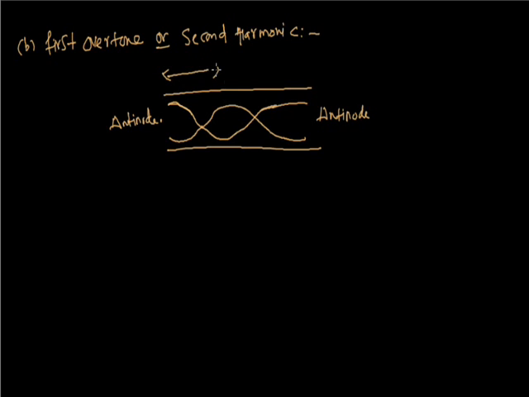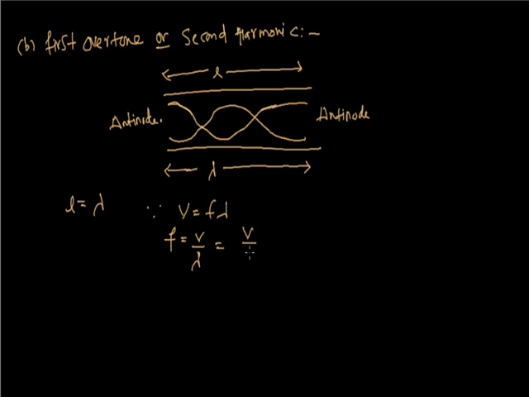If the length of the organ pipe is L, then the wavelength will be such that L is equal to lambda. Again V is equal to F lambda, so F is equal to V by wavelength, which is V by the length of the open organ pipe. If we compare it to the first one, it is 2V by 2L, that is twice, which is why it is called the second harmonic.